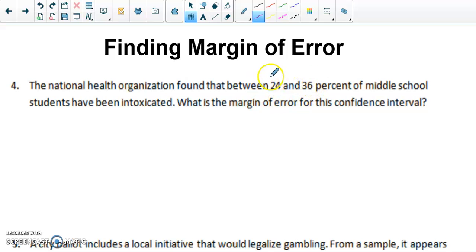So we will add these two numbers and divide by 2 to find our sample proportion. Once we have the sample proportion, we just ask ourselves how far it is from that sample proportion to 24 and how far to 36. It should, of course, be the same number, and that will give us our margin of error.